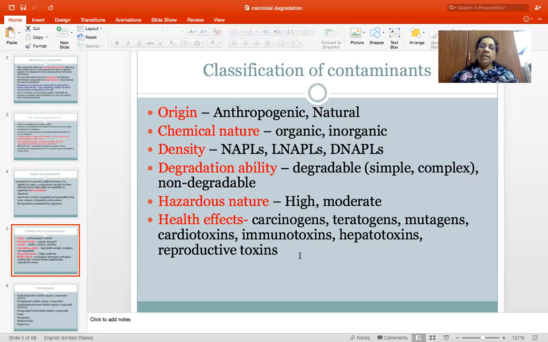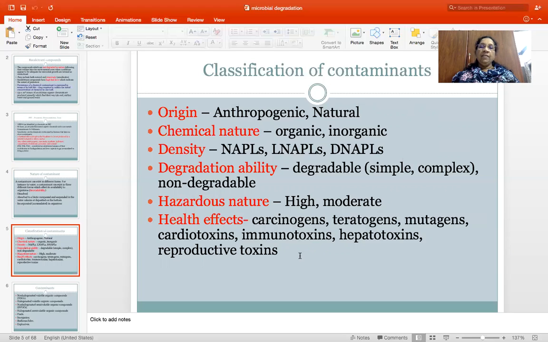Based on the degradation ability, they are classified as degradable, and in degradable they may be simple and complex compounds, and also non-degradable compounds. Based on their hazardous nature, they can be classified as either highly hazardous or moderately hazardous.